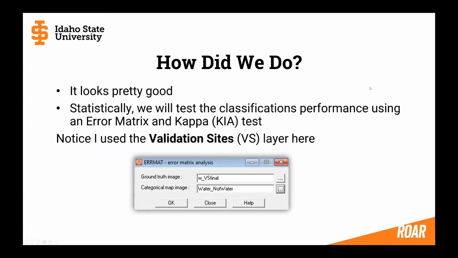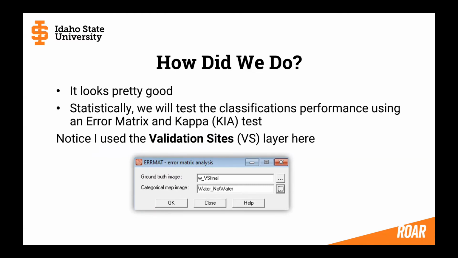How did we do really? Yeah, sure, it looks pretty good, but let's look at this statistically. So we're going to test the classification performance using an error matrix that also includes the kappa index of agreement test. And notice that when I'm filling out the error matrix tool, I am using the validation sites layer here.